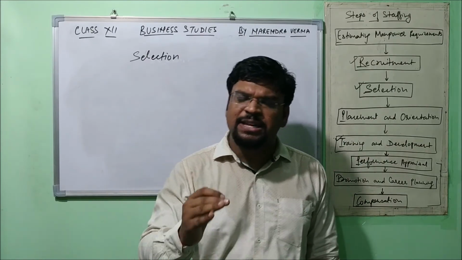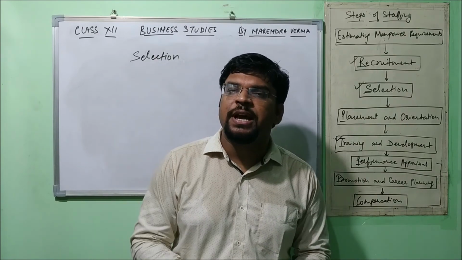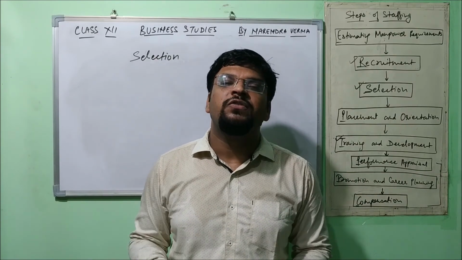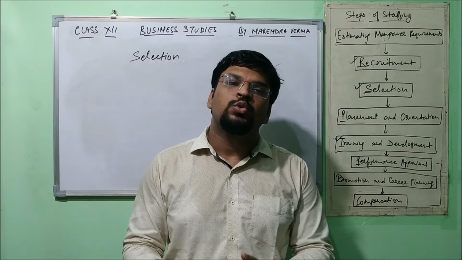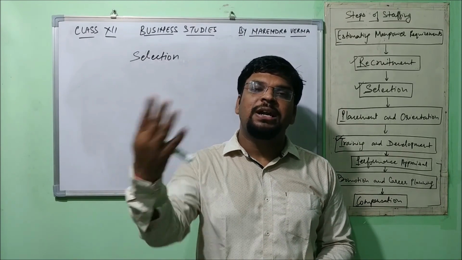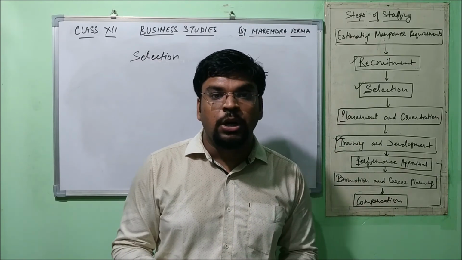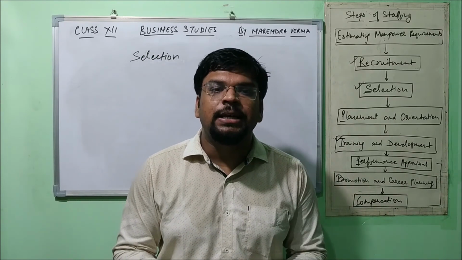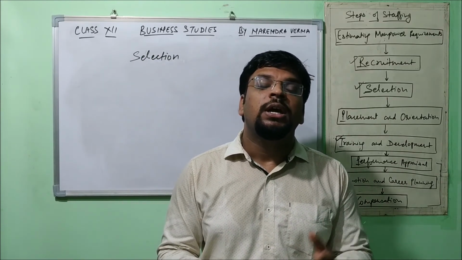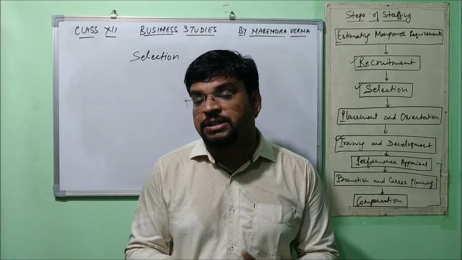Understood the point? The same procedure is done here as well. There are different processes of selection. Through those, the least qualified candidate is rejected and the more qualified and most qualified candidates are forwarded, and at last the most qualified candidates are selected. Understood? Okay, and when the employee is selected, then he or she is handed over the employment contract. So this is done under the selection process.